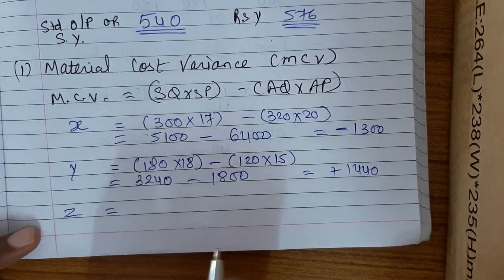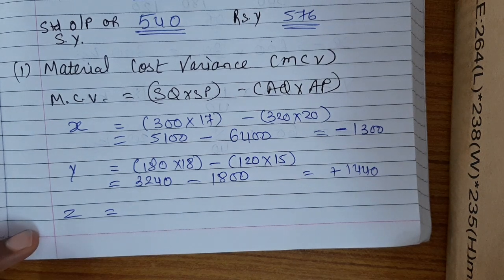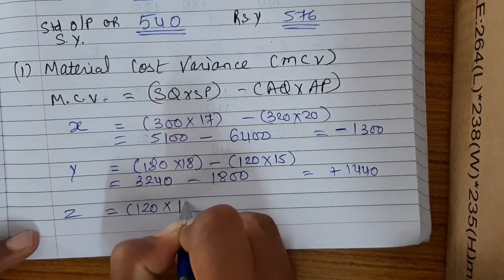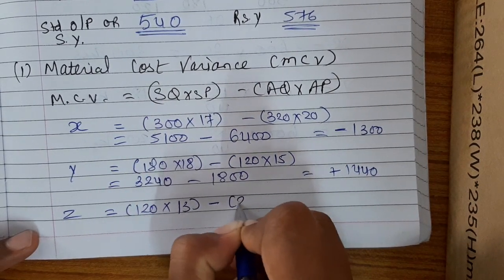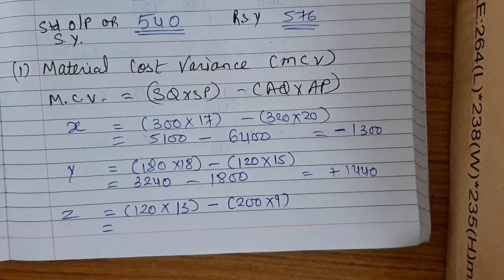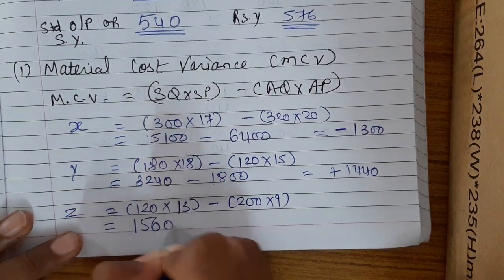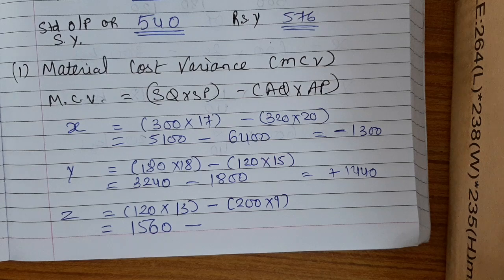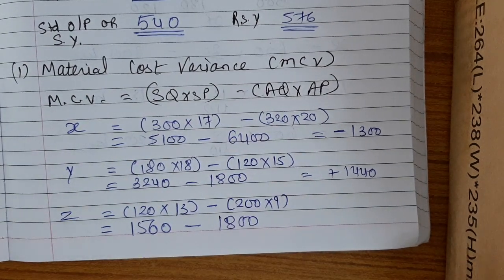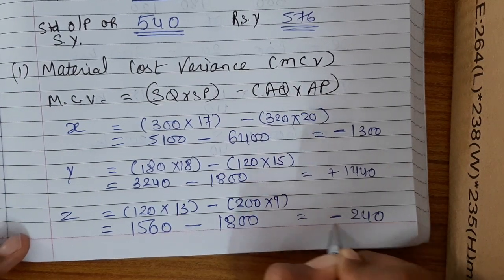For Z, I am calculating here only so that all the items would be together. Z, standard quantity is 120, standard price 13, actual quantity 200 and actual price 9. So 120 into 13, that is 1560, minus 200 into 9, that is 1800. So the answer will be negative 240.